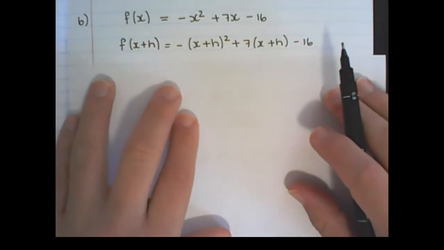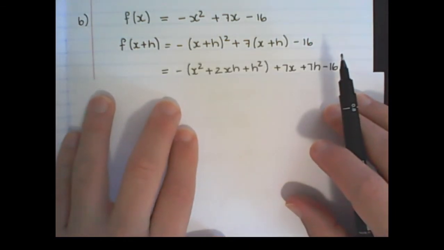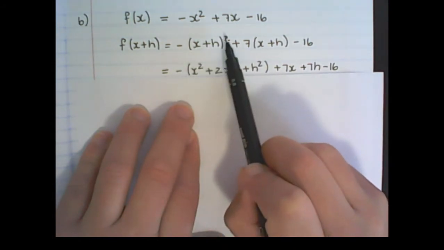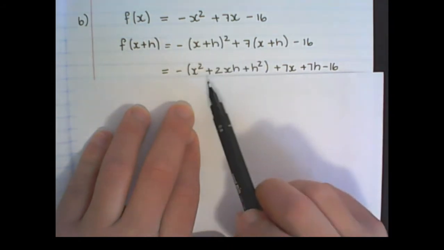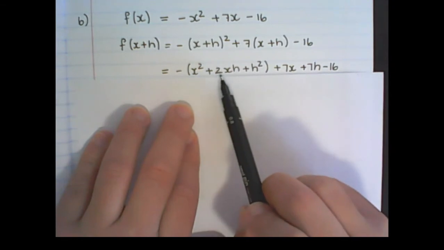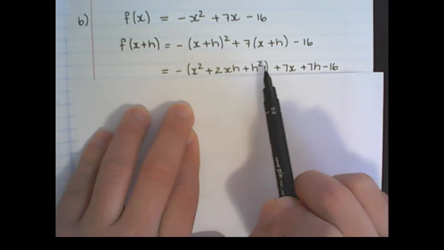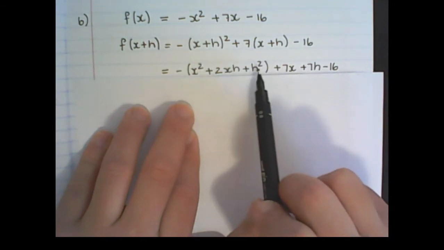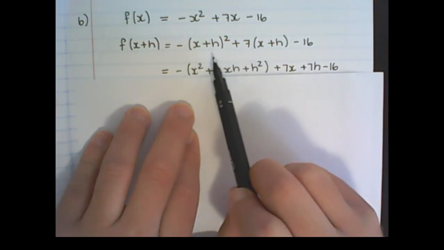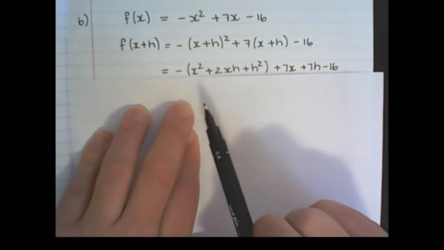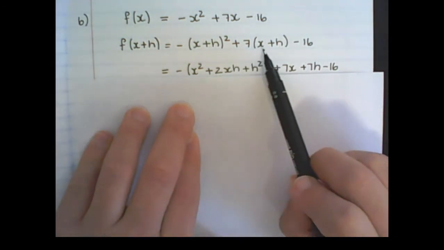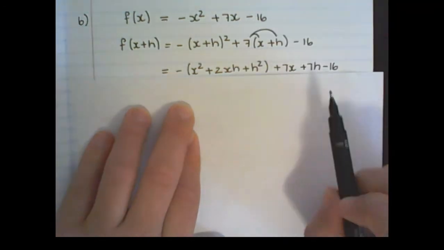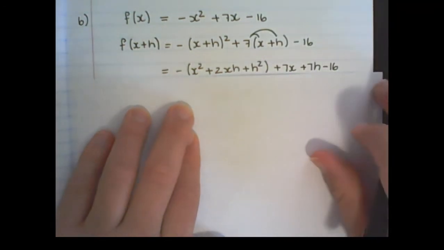And now you need to be careful when you multiply out. So it is negative, and then I need to expand the square brackets. So it's x squared plus 2xh plus h squared. Remember, it's not just x squared plus h squared. You need to multiply out completely. Then 7(x plus h) is 7x plus 7h, and then minus 16.